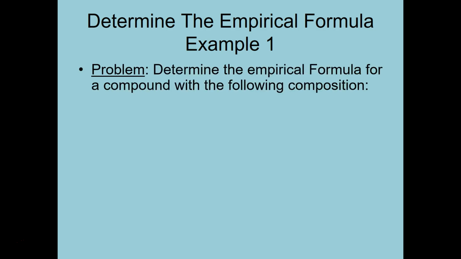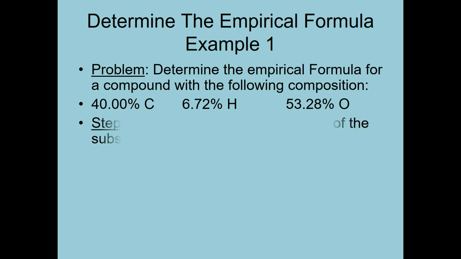All right, let's work through an example together because I know this can be a little overwhelming. So you were asked to determine the empirical formula for a compound with the following composition: 40% carbon, 6.72% hydrogen, and 53.28% oxygen.